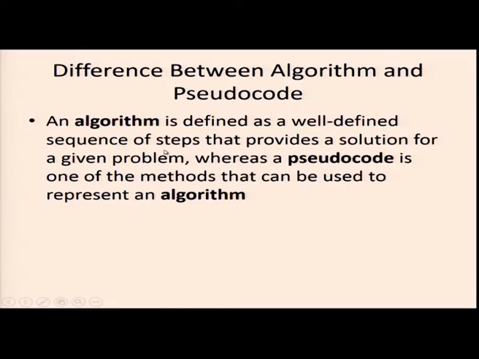Let us see the difference between an algorithm and pseudocode. An algorithm is defined as a well-defined sequence of steps that provides a solution for a given problem, whereas a pseudocode is one of the methods that can be used to represent an algorithm.